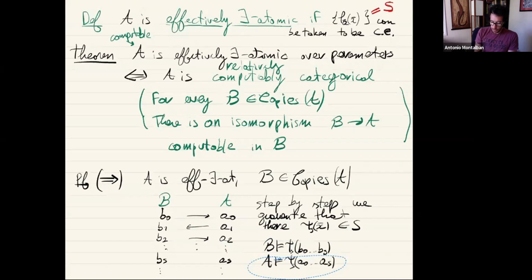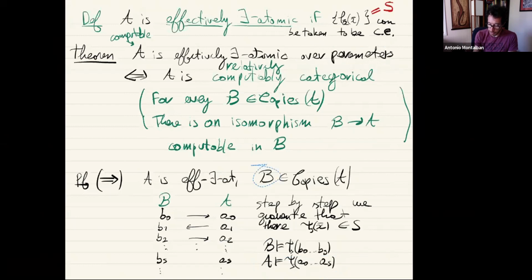So, about the uniformness: if you're not using parameters, this construction is completely uniform. There was no step in which it is not uniform. So actually, we are building this isomorphism straight from the structure B right away.